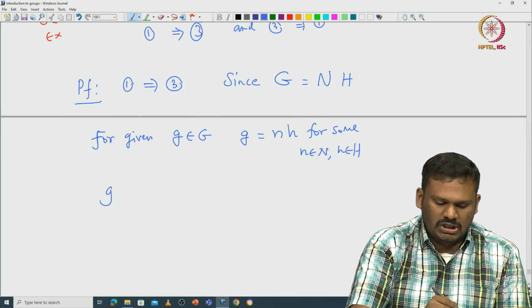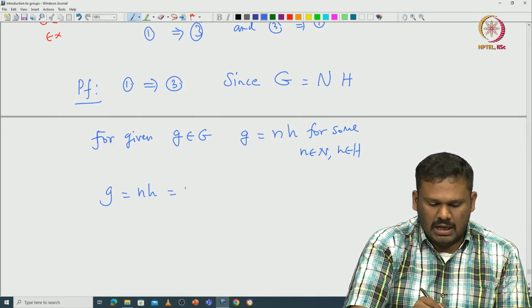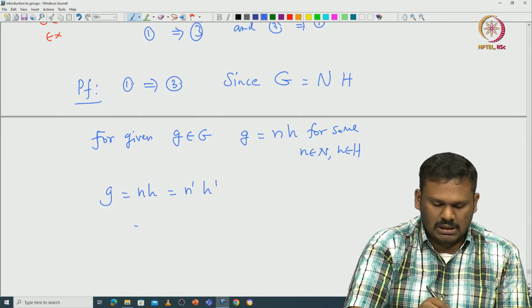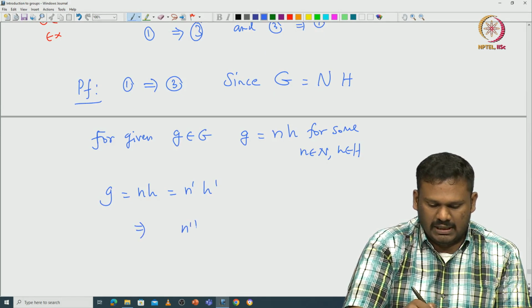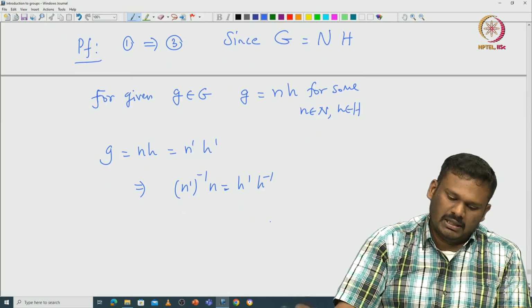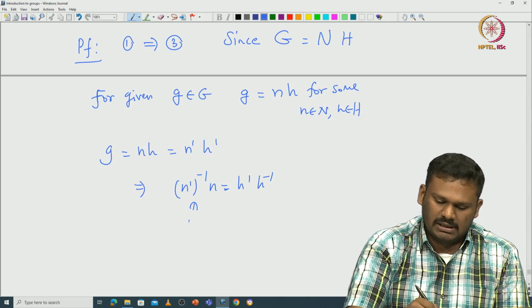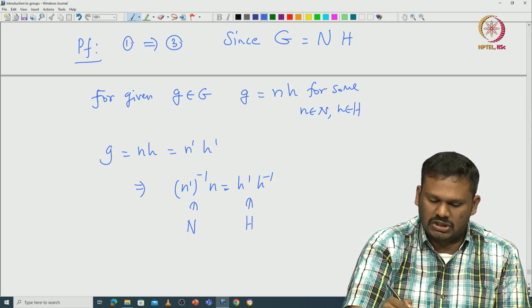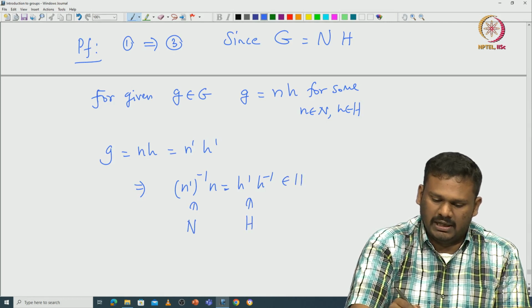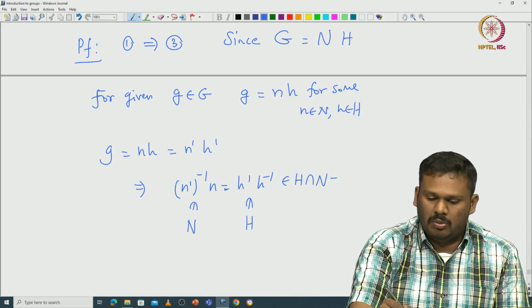Now in case g equals nh and n'h', from this you can see that n' inverse n is the same as h' h inverse. But one element is in capital N, another element is in H. So this element should be in the intersection H intersection N, which is trivial.